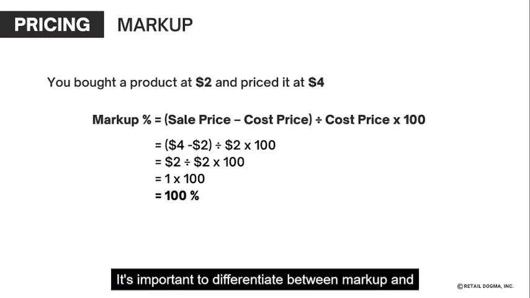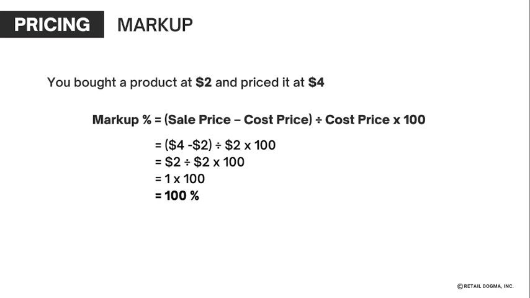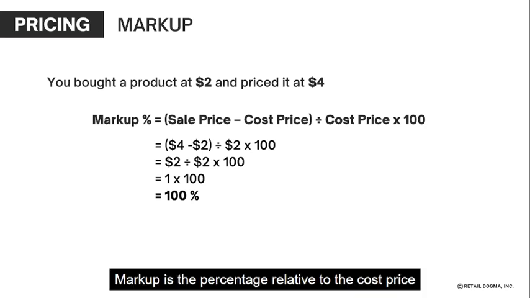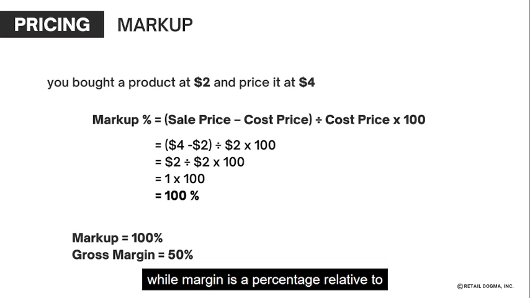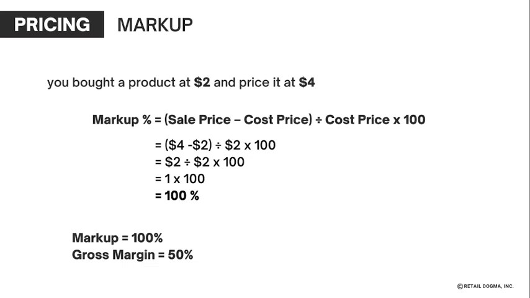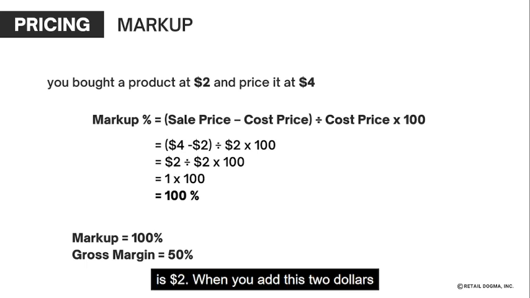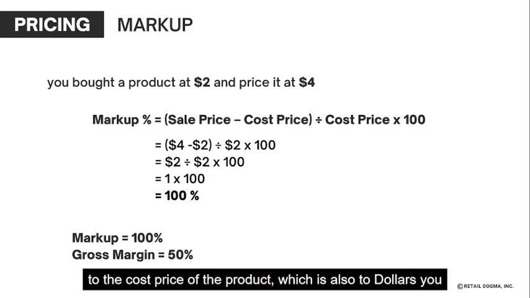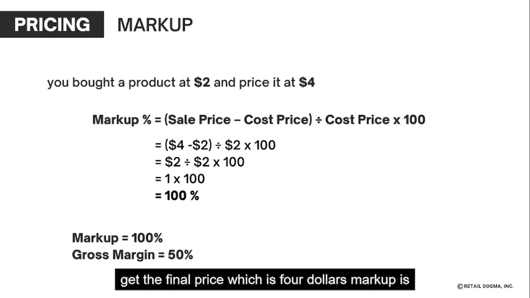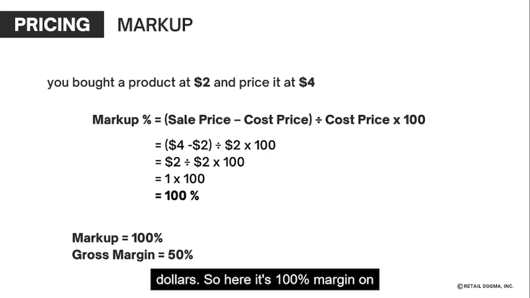It's important to differentiate between markup and margin. Markup is a percentage relative to the cost price, while margin is a percentage relative to the sale price. For example, here the amount added to the cost price is $2. When you add this $2 to the cost price of the product, which is also $2, you get a final price which is $4. Markup is the added $2 relative to the cost $2, so here it's 100%.